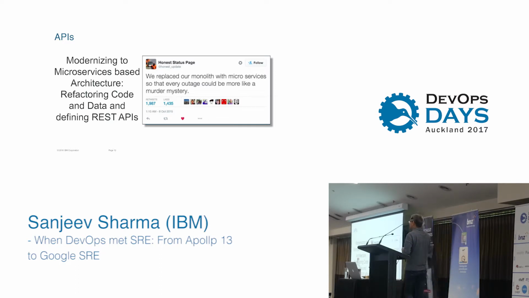Unless you have a very good dependency map, an architectural diagram, and well-defined APIs decoupling the architectures from each other so that dependency becomes less and less, and you can isolate very quickly why an outage happened, where it happened, and when it happened. SRE requires that. Because unless you do that, the SRE team doesn't have a clue. It's a murder mystery trying to figure out who killed my service.